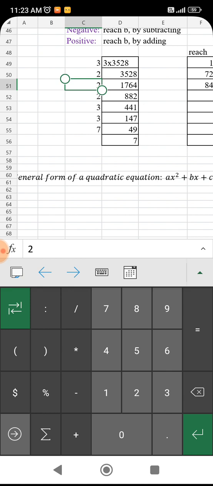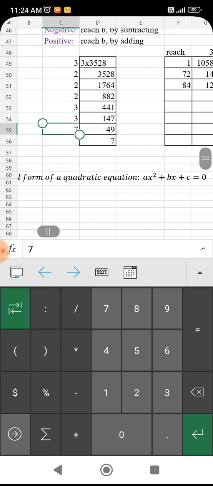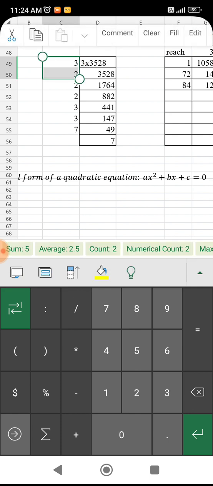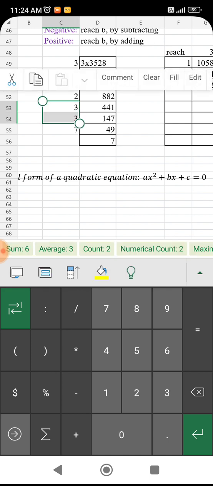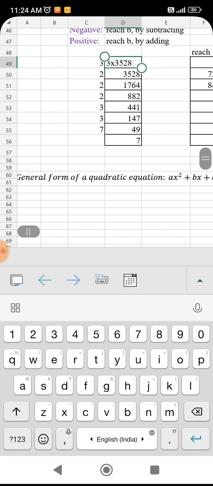We have to consider it in a different way. 3 threes are 9, sorry, 3 twos are 6, and 3 threes are 9. 6 into 9 is 54. So 3 threes are 9, and 3 twos are 6.